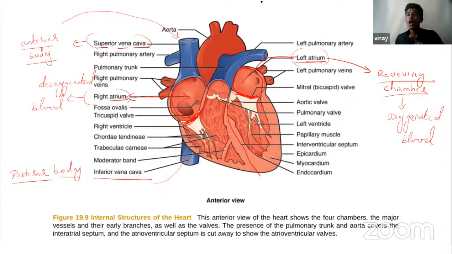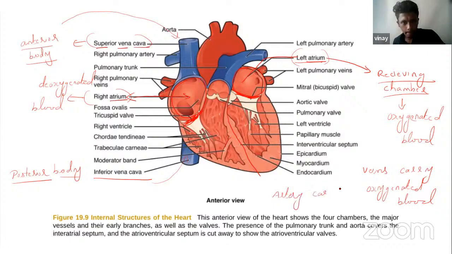So listen, from lungs to the heart or from heart to the lungs is the only place where veins carry oxygenated blood and arteries carry deoxygenated blood.